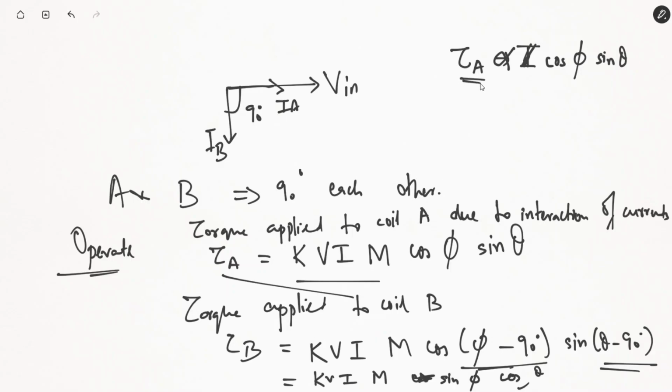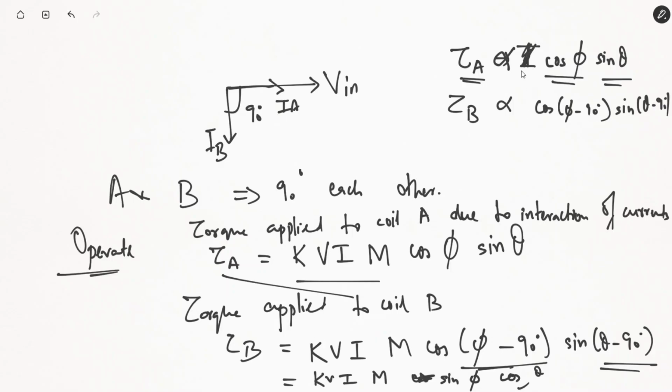So the torque induced in A will be proportional to cos phi sin theta, while the torque induced in B will be proportional to cos of phi minus 90 degrees. It is electrically 90 degrees lagging, as well as mechanically lagging by 90 degrees.